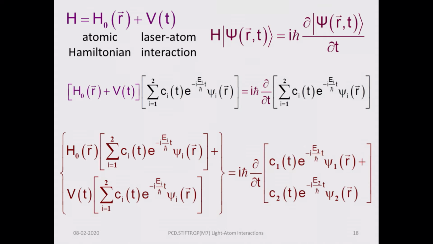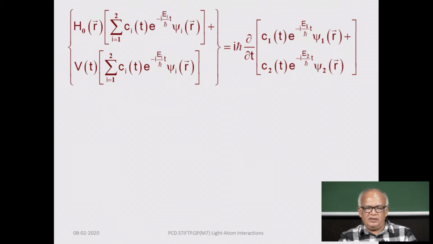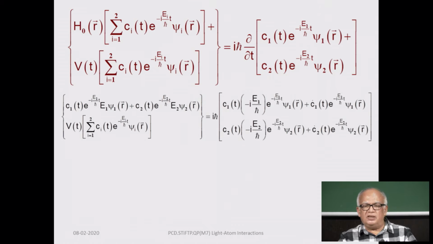So, you are taking the partial derivative with respect to time of a product of two functions. So, it will be one function times the derivative of the second plus the derivative of the first times the second. So, you have to take into account this carefully, take the derivatives of the two terms and now write them out carefully.